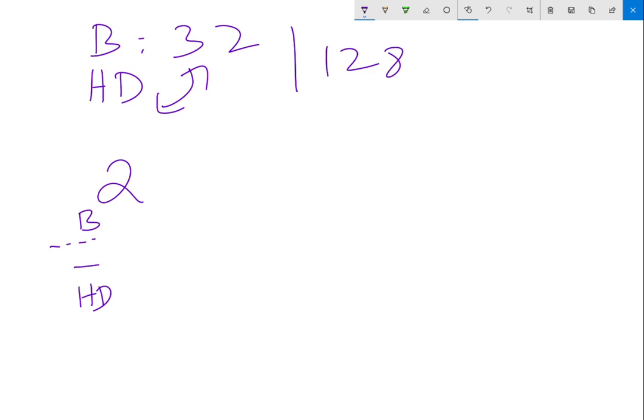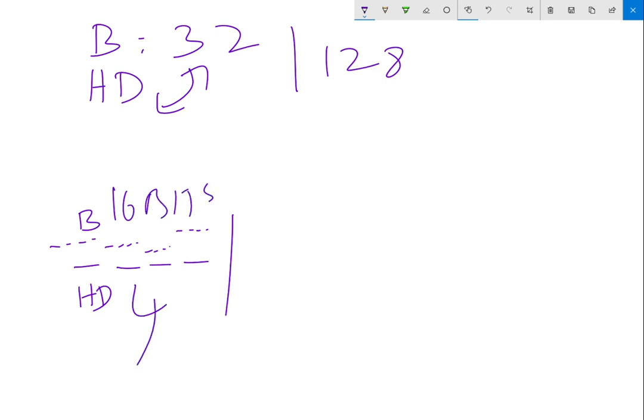So 4 hexadecimals, which means 4 binary plus 4 binary plus 4 binary plus 4 binary, which means 4, 8, 12, 16. So one slot of hexadecimal, one portion of hexadecimal, which is of 4 parts, is going to contain 16 bits. Totally 16 bits.